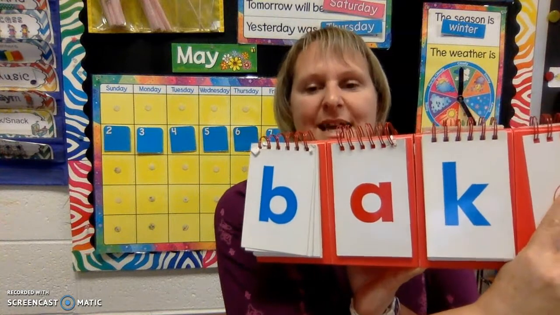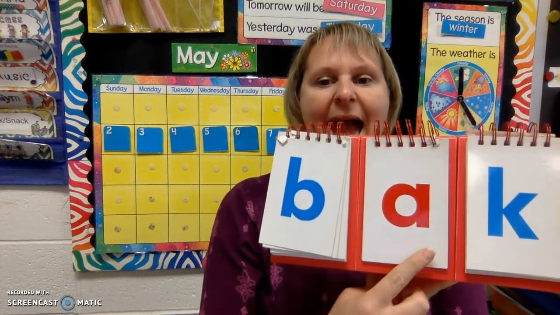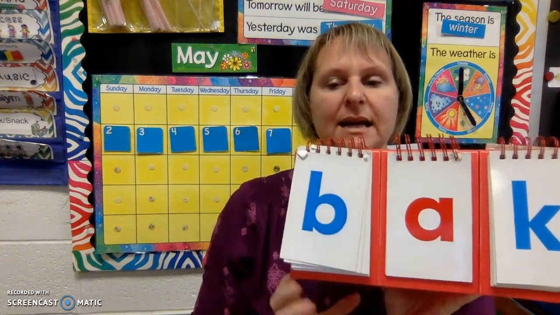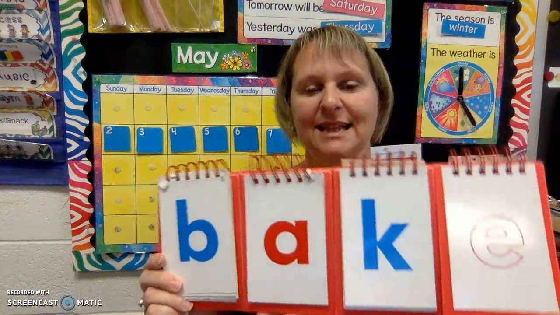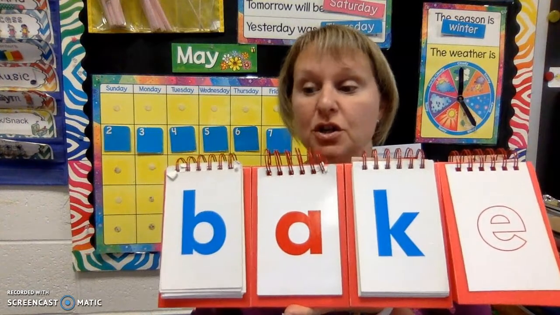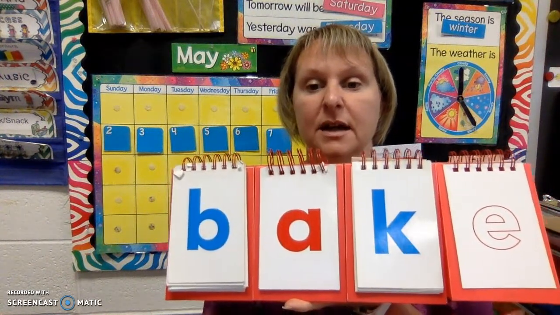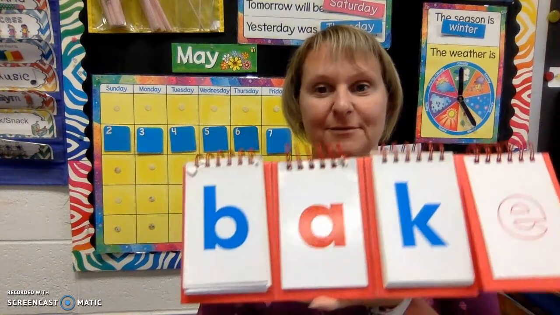Here, what is that nonsense word? Let's sound it out. B-a-k. B-a-k. Back. If I add the silent E, what is my new word? Back changes to bake. Good. Let's try another one.